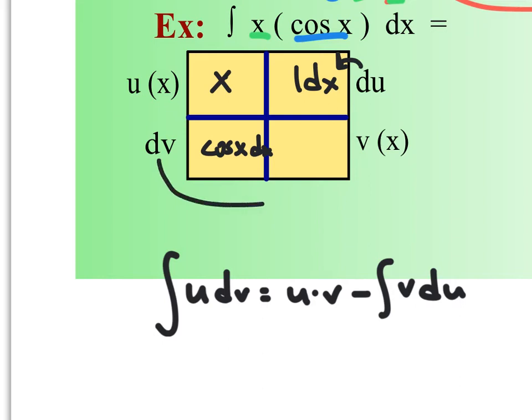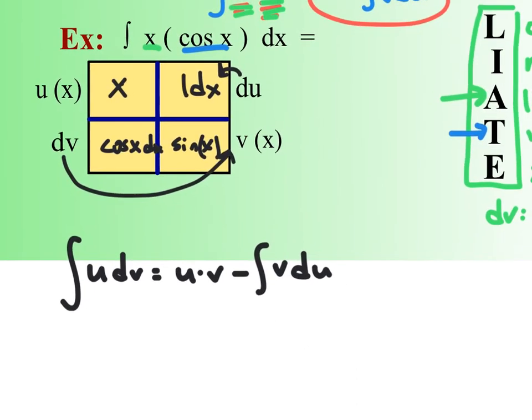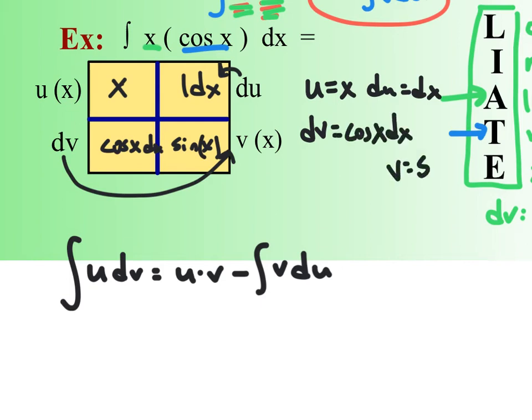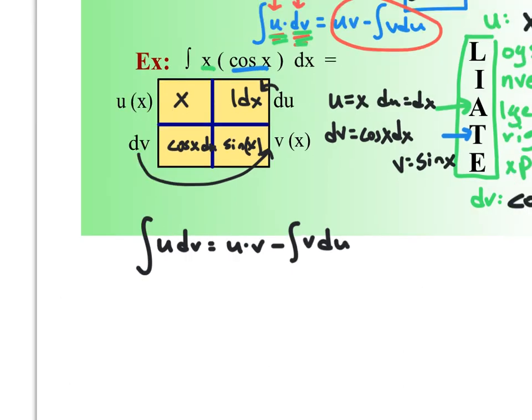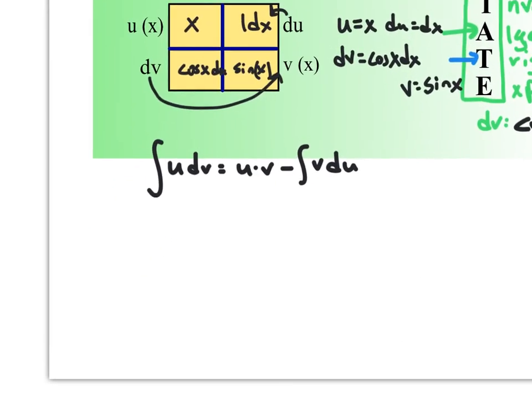All right, if I want to go from dv back to v, that would have to be sine of x. So what I'm told here is this: u is x, du is dx, dv is cosine x dx, v is sine x.